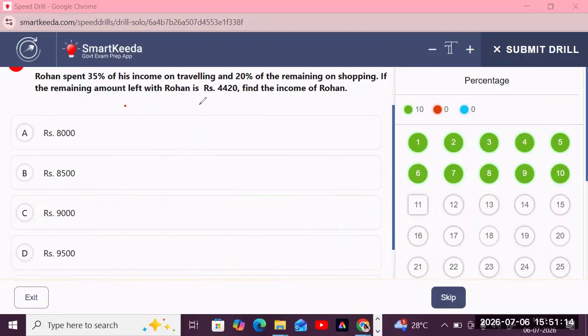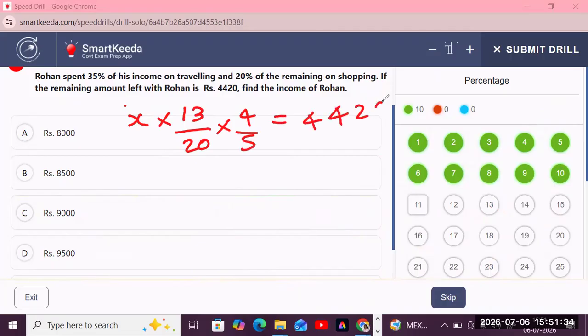Rohan spent 35% of his income on traveling, 30% of the remaining on shopping. 7/20 में से 13/20 बचा, remaining 20% on shopping. No, 4/5, and the remaining amount left with Rohan is 42,000.